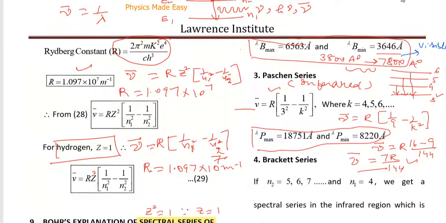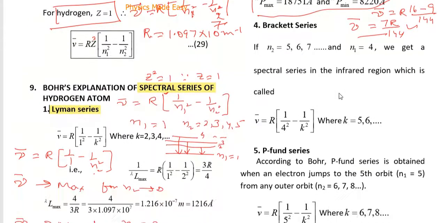Now let us come to the Brackett series. In the case of Brackett, as we know, the level in which the electron should fall is the fourth one. This is 4, 5, 6, 7, 8. So one falls here, second falls here, third falls here, and the fourth falls here.